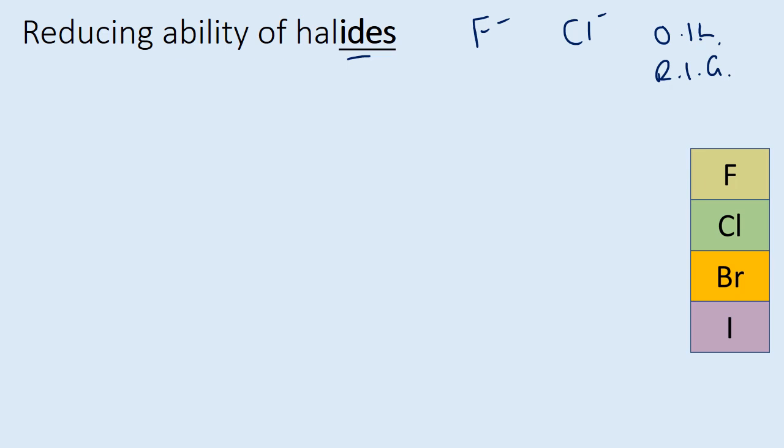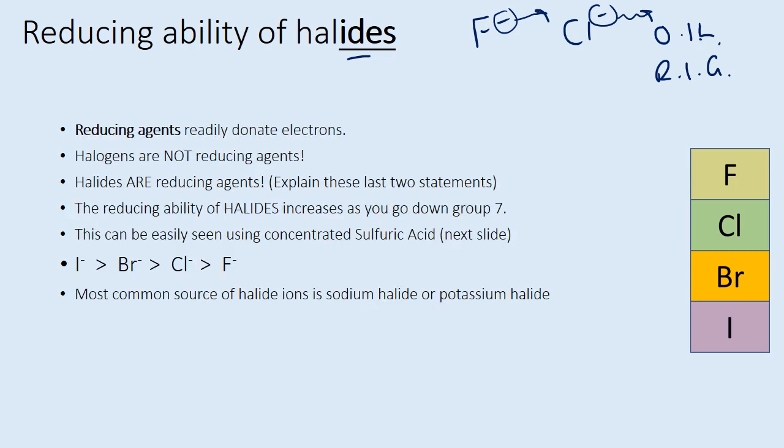So in other words, it's the ability that the halide has to give that electron to something, okay? So reducing agents will donate electrons. So therefore, halogens are not reducing agents, halides are, okay? Just as we saw that halides weren't oxidizing agents, halogens were. So halides can be reducing agents because they have that electron that they could give.